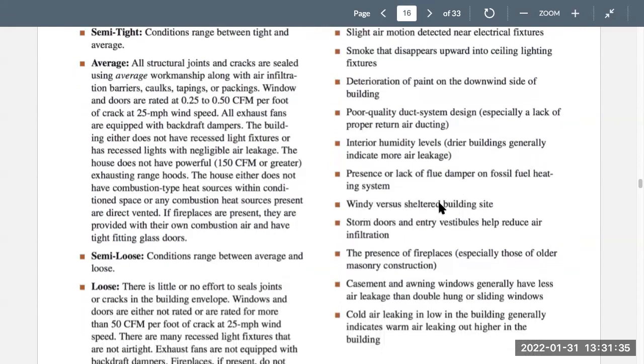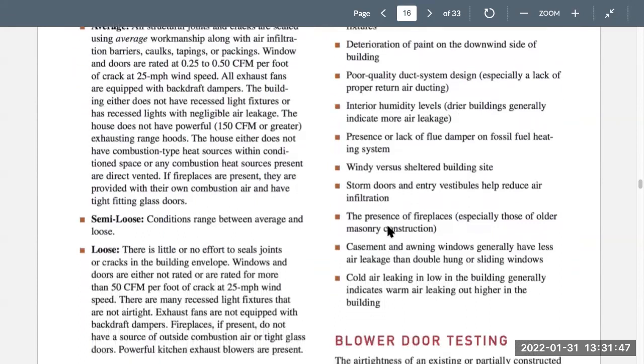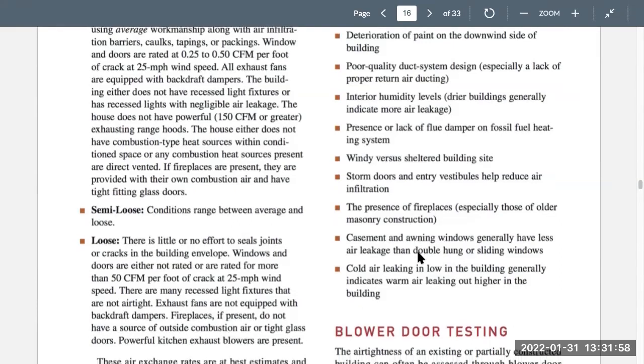If you're in a windy area instead of a sheltered building, storm doors are there to help. That might be there to reduce some of the air infiltration. What type of fireplace do you have? Is it old? Does it have cracks around the fireplace? Does it have cracks around the brick? Awnings can help, but you get the idea.